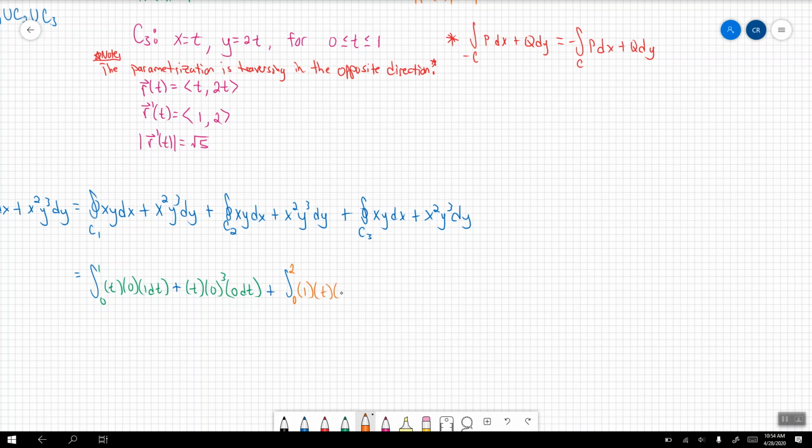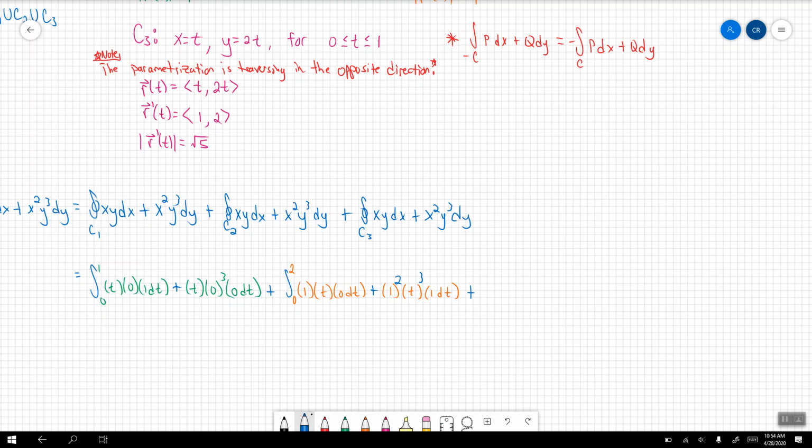My dx was actually 0, so that's going to be 0 dt, plus the next term here. X was my 1, so that's going to be x squared. There we are. My y value here was just t, and that y is going to be cubed. Alright, and now I need my dy. So my dy should just be 1, so that's going to be 1 dt. Nice.